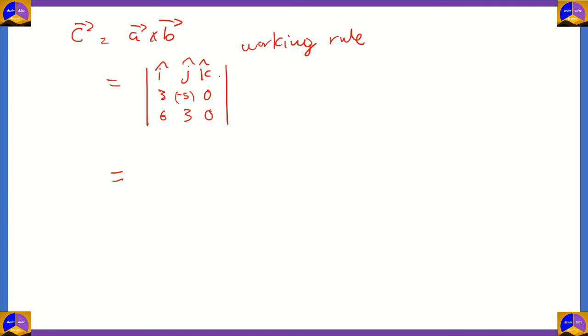So you can just expand it along row 1. Now the reason why we're expanding it along row 1 is because you need to get the components. So because of that, you can only expand along row 1. If you expand it along row 1, then you can identify the components.